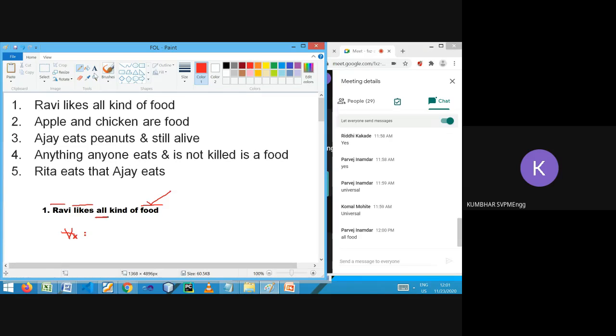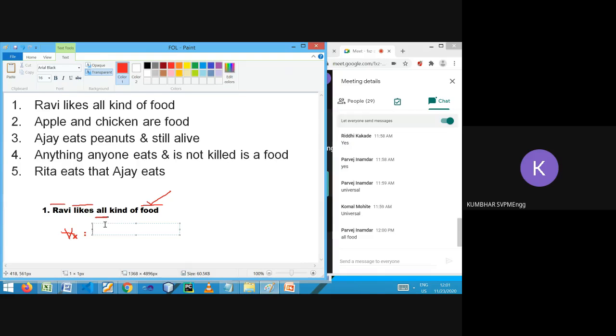So I will write the statement: all x such that if x is a food, then Ravi will like it. Do you agree? Here likes will be the predicate.